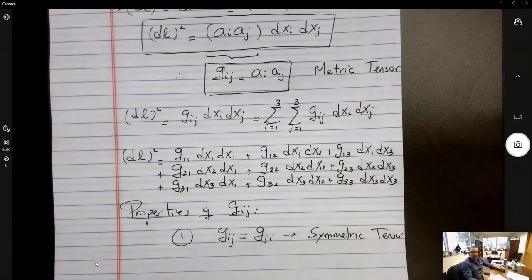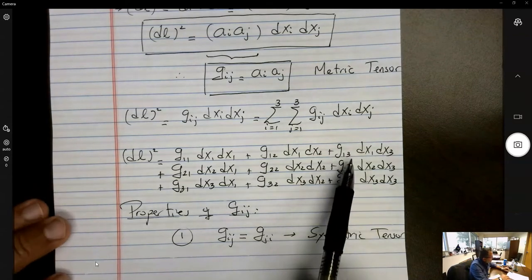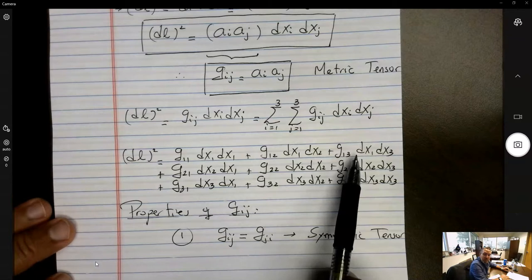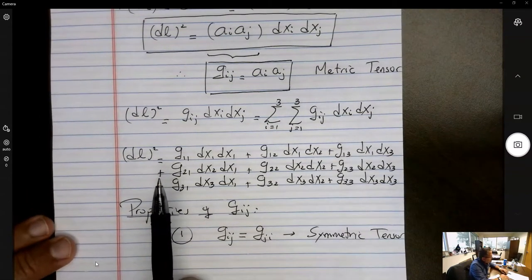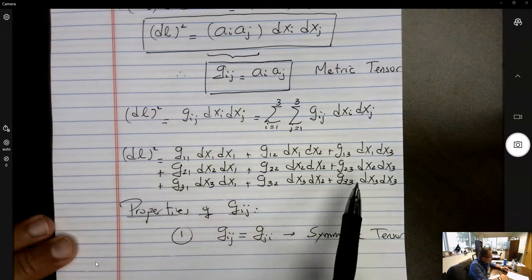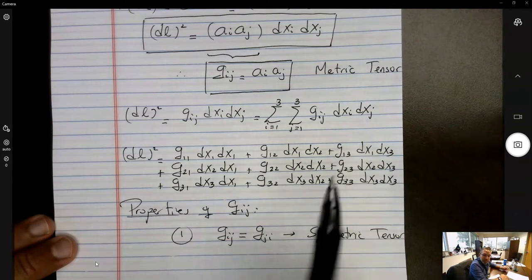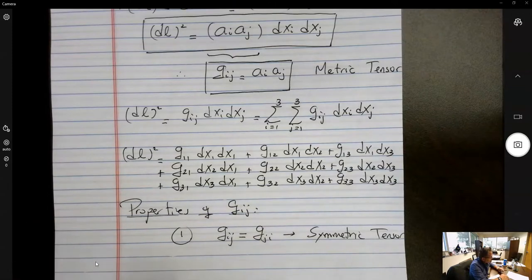The metric tensor is always symmetric, regardless of what curvilinear system you're expressing. The parameter that relates the arc length to the arc length in Cartesian coordinates of two different coordinates is reversible. Okay, this tensor is symmetric.